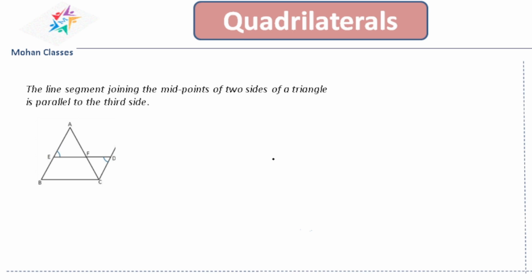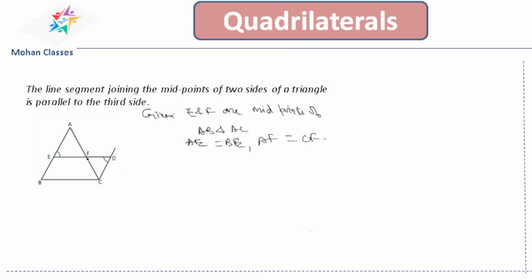So, what is given? ABC is a triangle, E and F are midpoints of sides AB and AC respectively. Therefore, AE is equal to BE and AF is equal to CF, right?